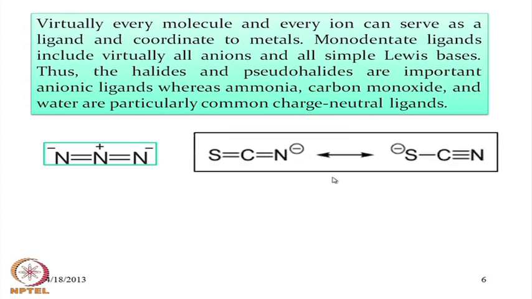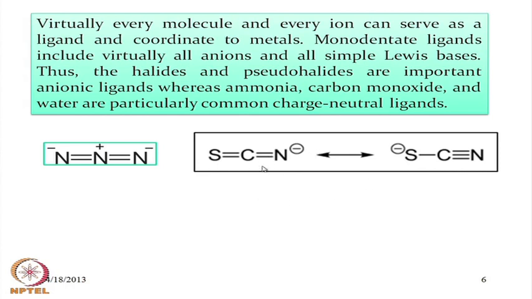Similarly, thiocyanate also can have two tautomeric forms like these, with the negative charge on nitrogen or the negative charge on sulfur, and as we have just seen, it can bind to the metal center through nitrogen, that is nitrogen coordination, or through sulfur coordination.